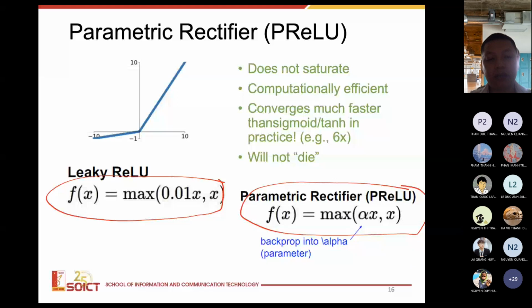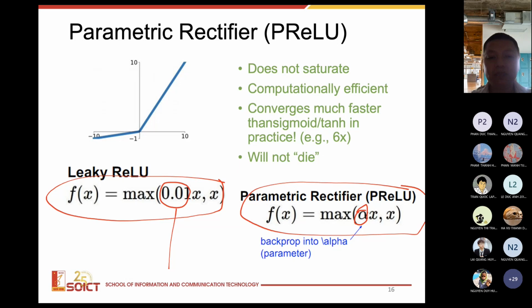For the Leaky ReLU, it is somehow a constant, right? And for the parametric rectifier, you have alpha as a parameter that can be learned during the training of the neural network. So in this case, you don't fix alpha, but alpha is a learnable parameter.